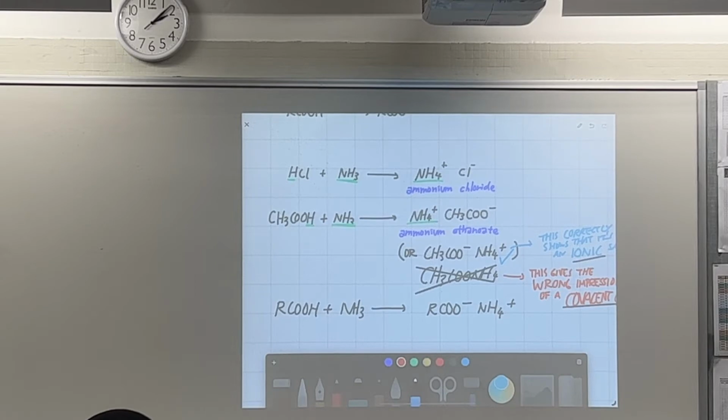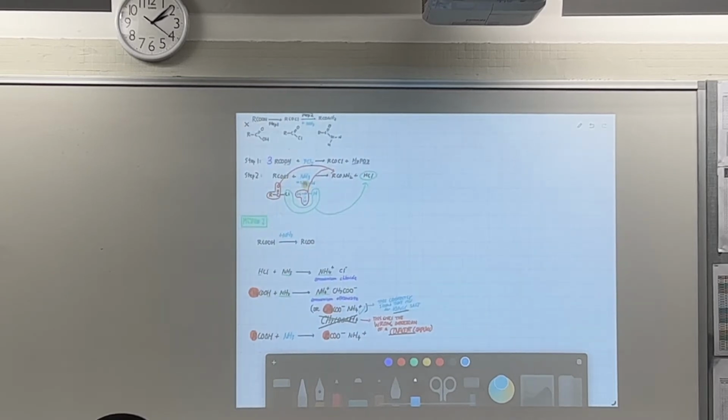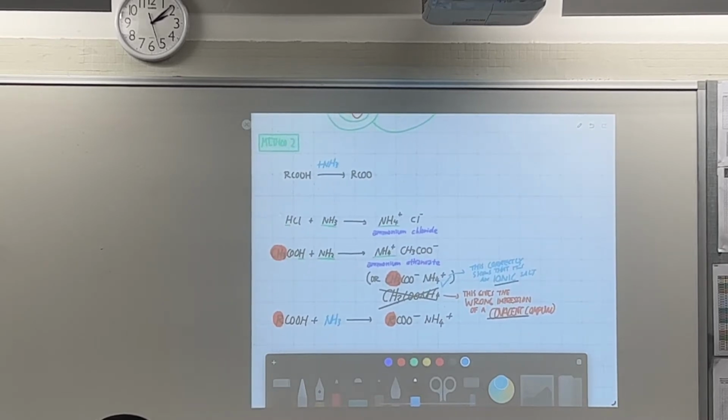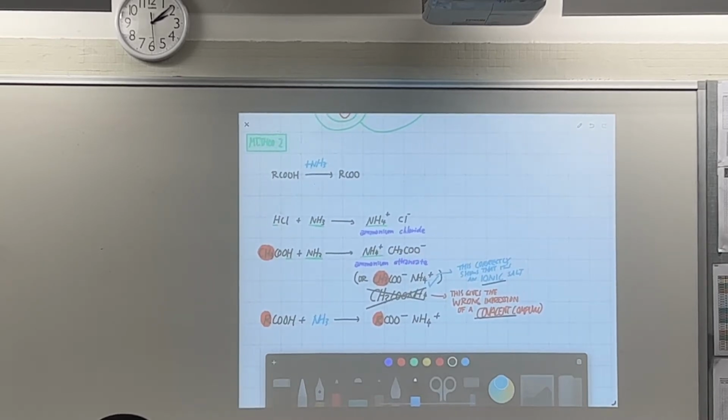This is the R group, and this will be the R group. So maybe let's write this in blue. I want it to be consistent. So you have NH3 here. The thing you add, I will show you in blue. And this is the starting reactant. When RCOOH reacts with NH3, it forms RCOO minus NH4 plus.